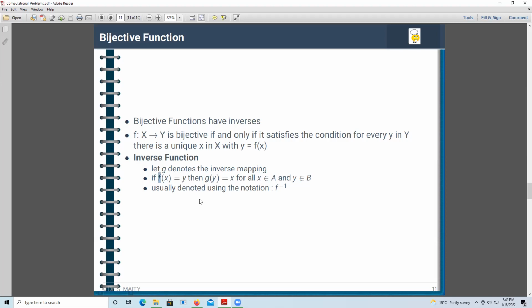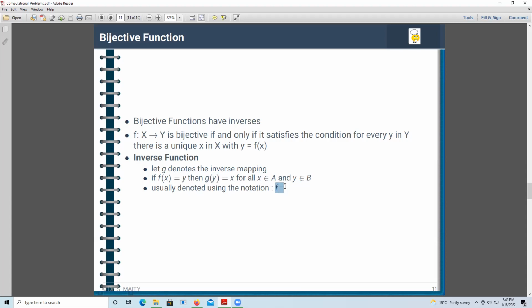Now, usually we do not use two different letters f and g. Instead, we use this notation f inverse. This is called f inverse. This is just a notation. In place of g, we are using the notation f inverse. This is the symbol, but this is nothing but a function. So remember that this is a function, like g of y you can also write.